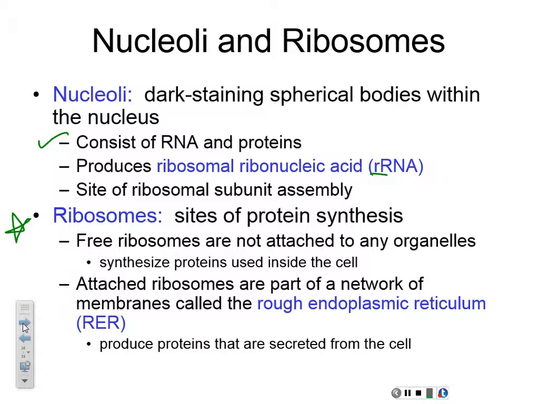That's where protein synthesis occurs. Even on the rough endoplasmic reticulum, protein synthesis is occurring on the ribosome, because the ribosome is the one that attaches to the messenger RNA, right? Okay, so the rough endoplasmic reticulum makes proteins that are immediately wrapped in a vesicle and then transported out of the cell.